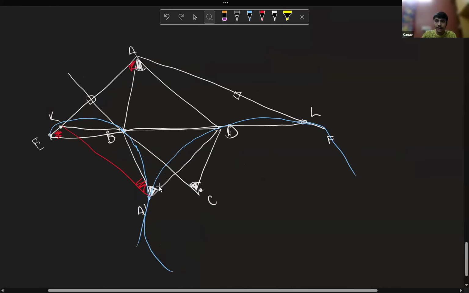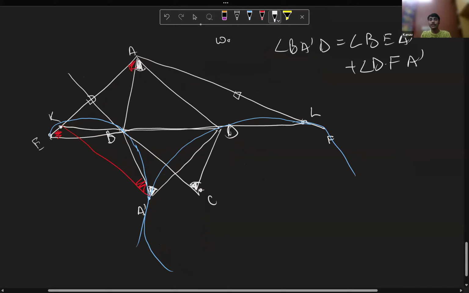Okay, I'll rewrite what we wanted. Angle BA prime D is equal to angle BEA prime plus angle D. Yeah, this is what we wanted. If we can show this, we would be done. So our entire life now is remaining to prove this. How do we prove this?